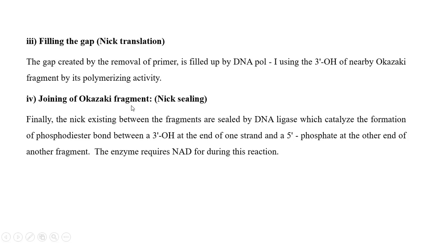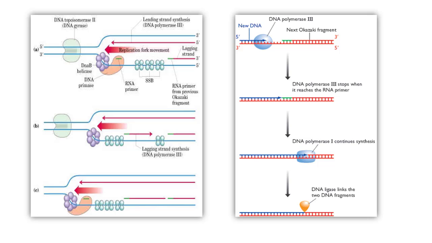The joining of Okazaki fragments. Finally, the DNA polymerase adds only complementary base pairs, but it does not seal the nick. Nick means a missing phosphodiester linkage. This is the hydrogen bond, the red color indicates. Here that strand is made of phosphodiester bonds. Between the daughter DNA and parental DNA, the bond formed is a hydrogen bond.